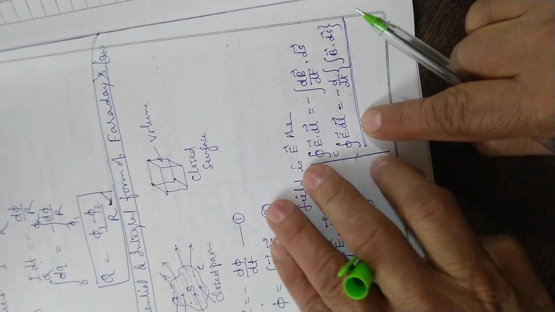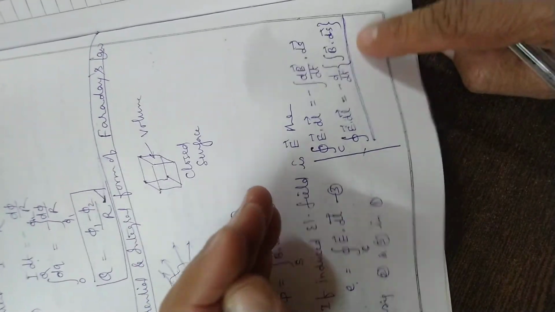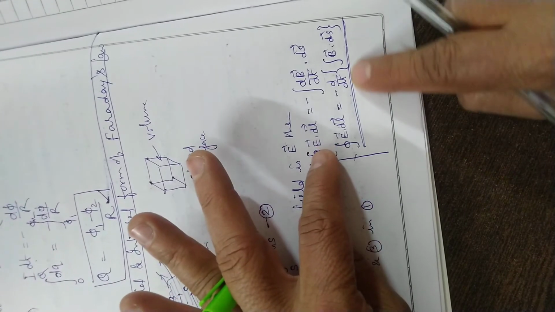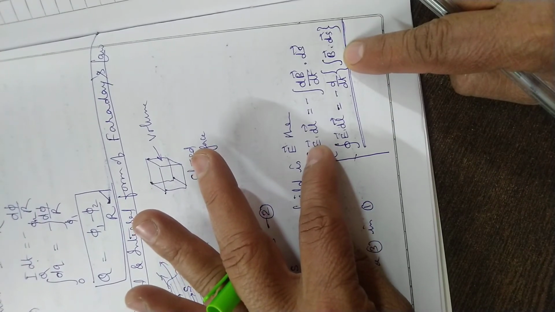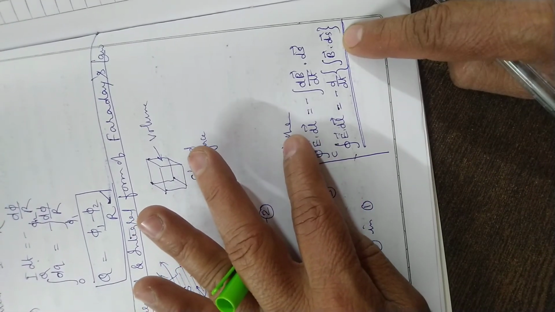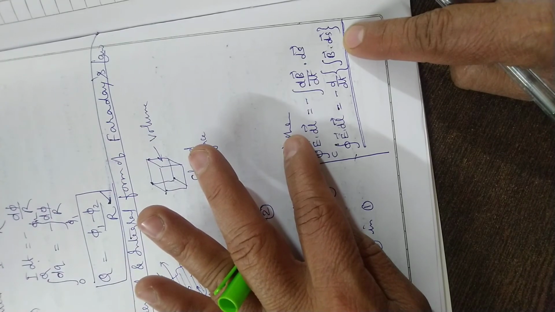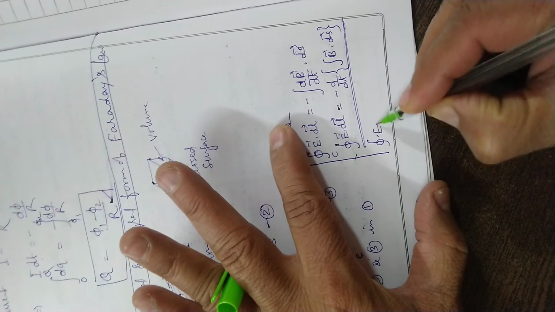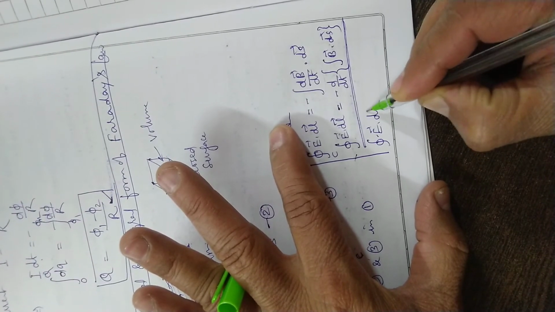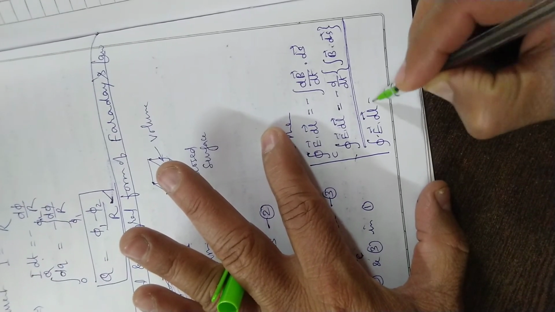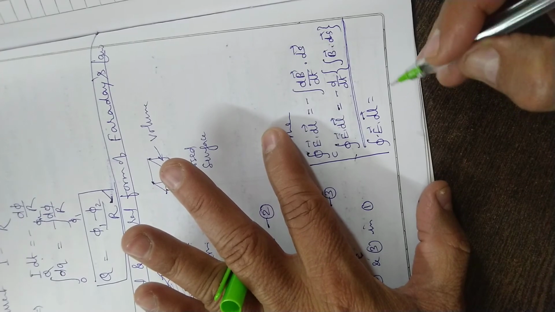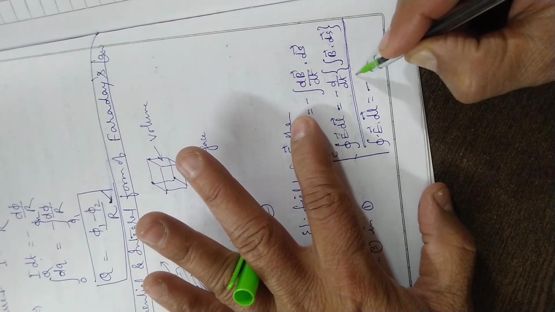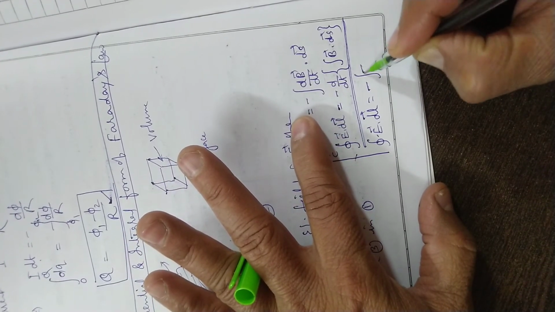Now, dear students, you can use the Stokes curl theorem, and all of you are familiar that it can be written as the closed integral of E dot dl equals the surface integral of curl of E dot dS.